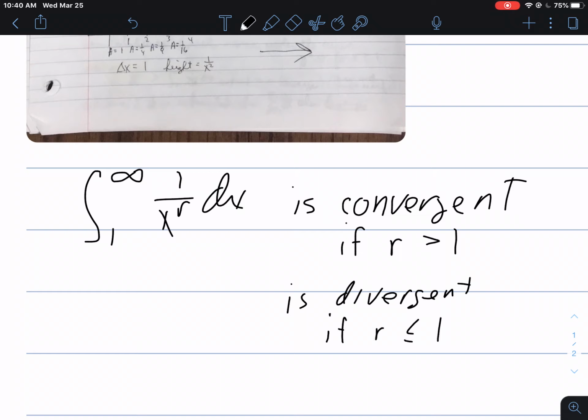Now, I have this stated later on in this section, but I just want to mention it at this point because I think it'll help in our discussion of these first couple of examples that we're going to look at. So this is something that we did show. We proved this back in section 7.8. So an integral of that form, 1 over x to the r, integrating from 1 to infinity, we showed was convergent if r is greater than 1, and divergent if r is less than or equal to 1. Okay, so keep that in mind as we go forward.